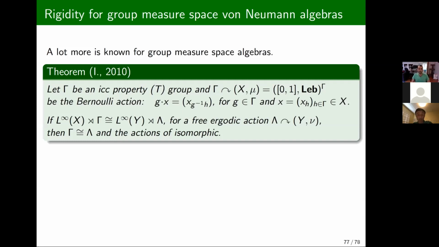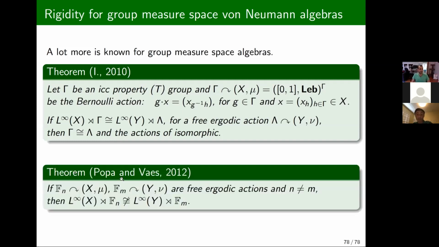And a couple of years after this, Popa and Vaes proved the following analog of the free group factor problem for group measure space factors. They proved that if you have two free groups of different ranks, n and m, and you take any free ergodic actions of them, then the group measure space algebras L infinity of X cross Fn and L infinity of Y cross Fm are never isomorphic.